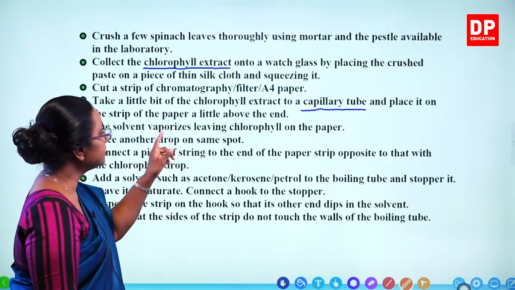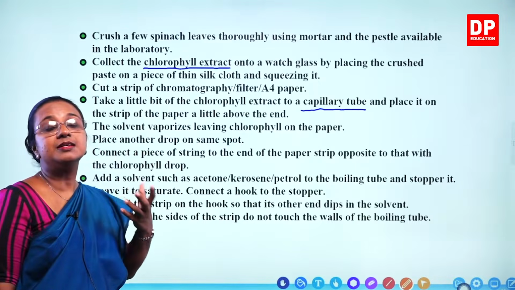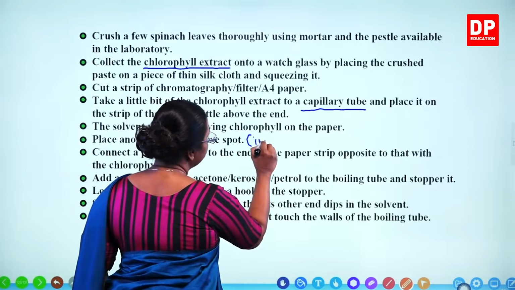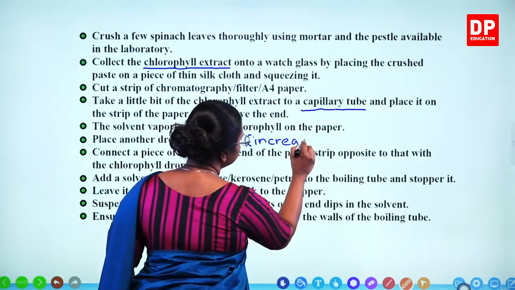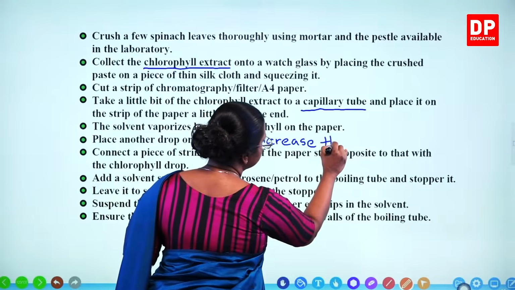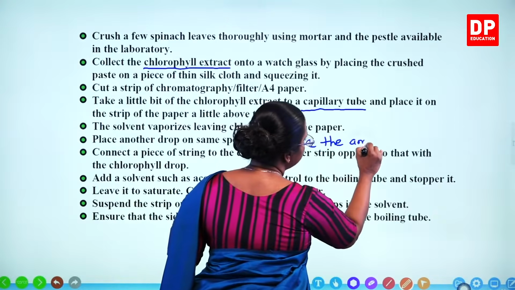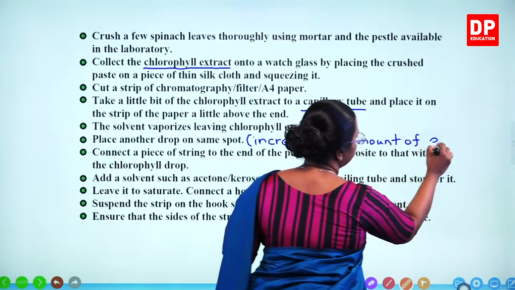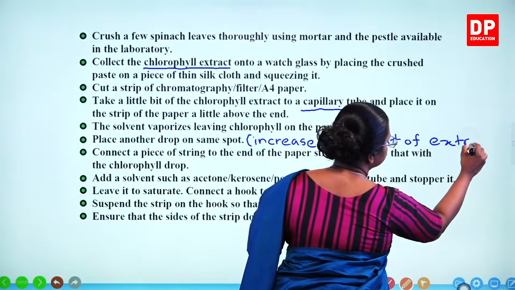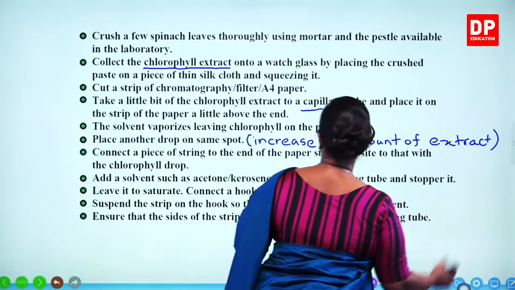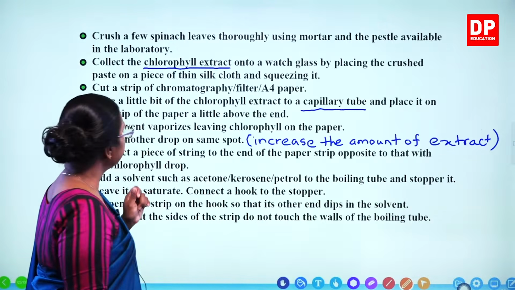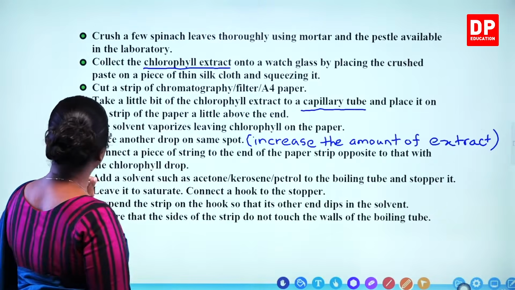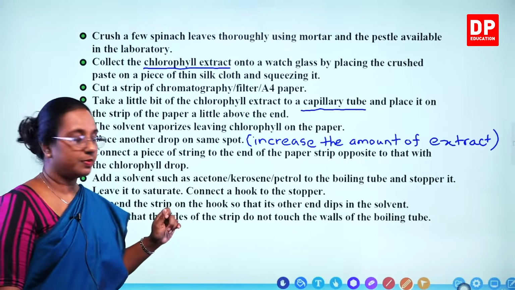So we do this in order to increase the amount of extract or the sample. Connect a piece of string to the end of the paper strip opposite to that with the chlorophyll drop.